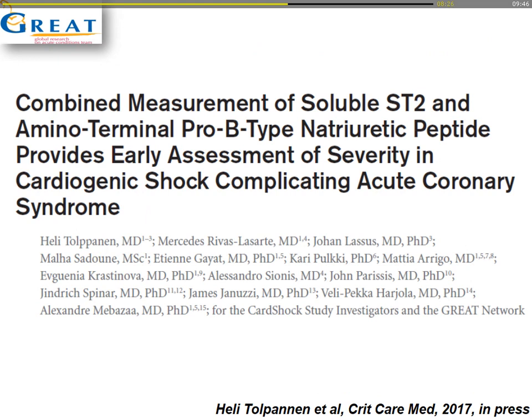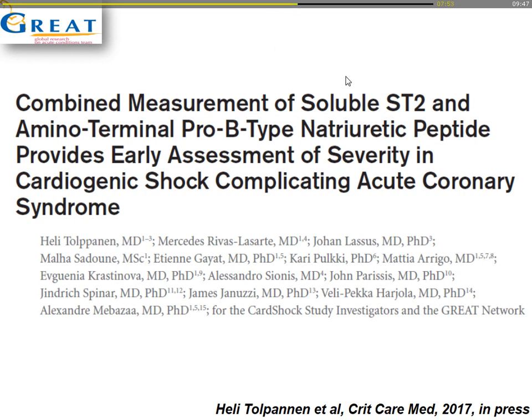And I'm happy to show you this paper that just came online a few days ago in Critical Care Medicine, where for the first time we measured a combination of two biomarkers at admission and the following 5 days to try to see how we can, as early as possible, assess the risk of the patient and whether the patient is going to survive with inotropic agents, with catecholamines, or may need some more aggressive therapy.